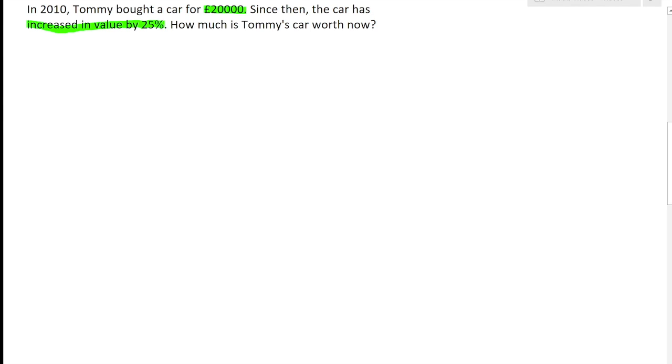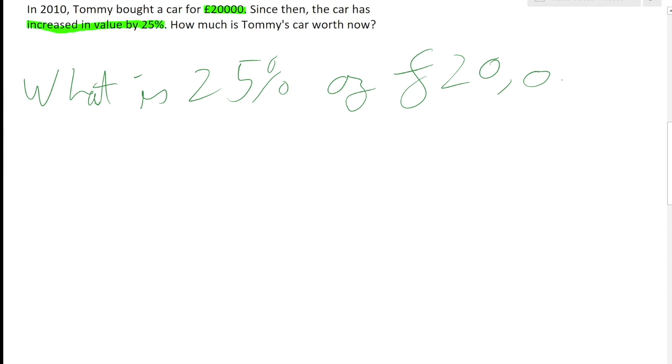So we're effectively being asked, what is 25% of £20,000? Again, we know how to do this. 25% is just 1/4, or 25/100.